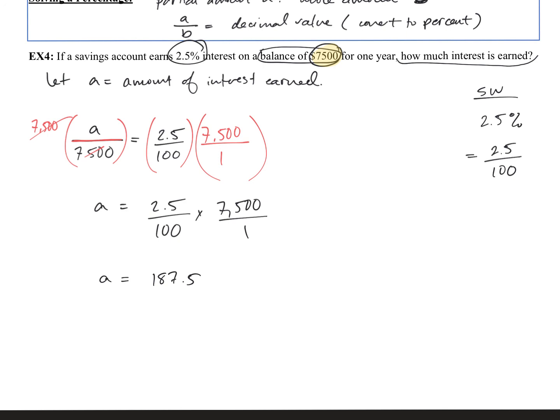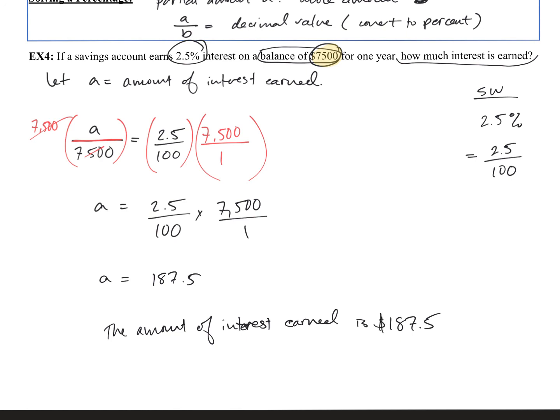So we'll say that the amount of interest earned is 187.5, but careful, I gotta do my units.